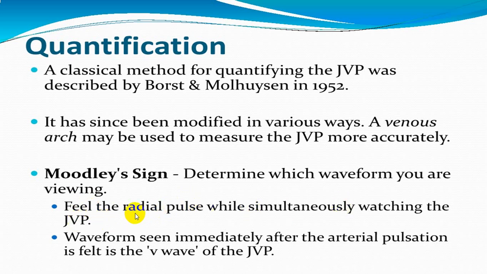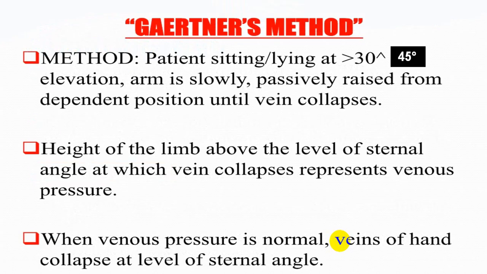Normally you will be able to see the A wave and V wave very clearly. The wave seen immediately after the radial pulse is the V wave, and the wave which is just before the radial pulse is the A wave. This is very clearly identified, and that was labeled as Moodley's sign.